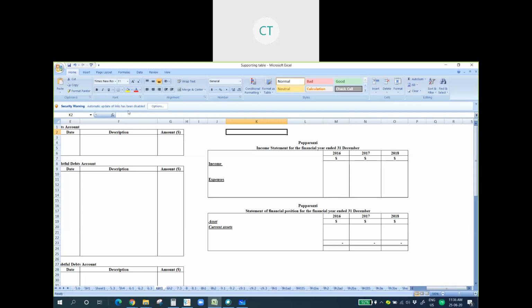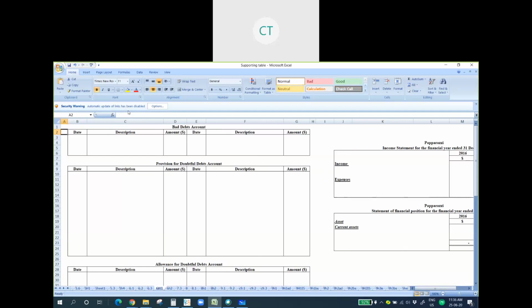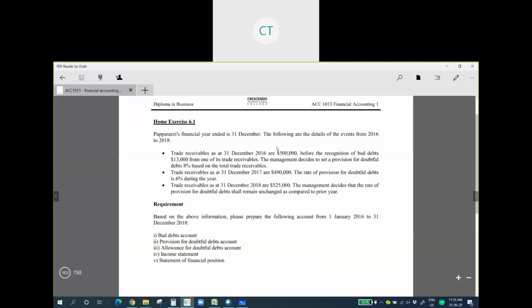So, any question? Can we start? I think ready, yeah? Alright, so let's look at the question. Paparazzi's financial year end is 31st December. The following are the details of the events from 2016 to 2018. So we have three years of events: 2016 event, 2017 event, 2018 event.